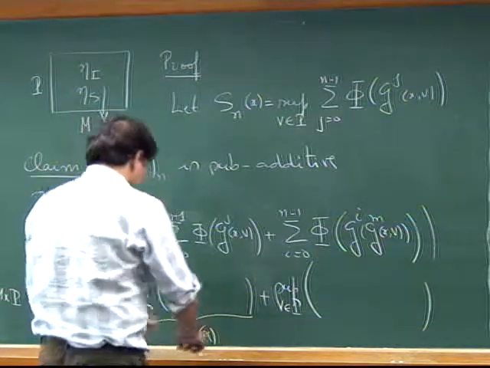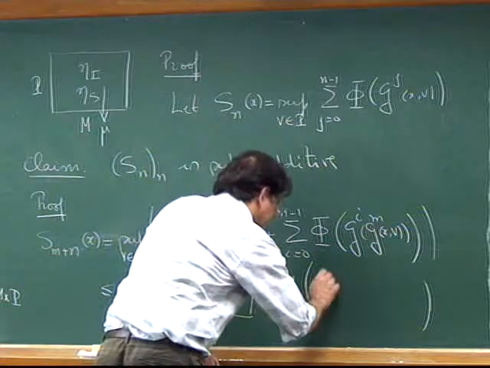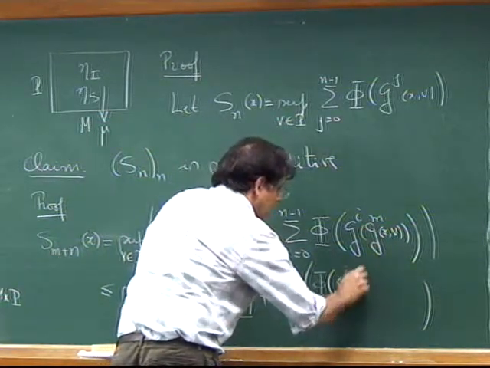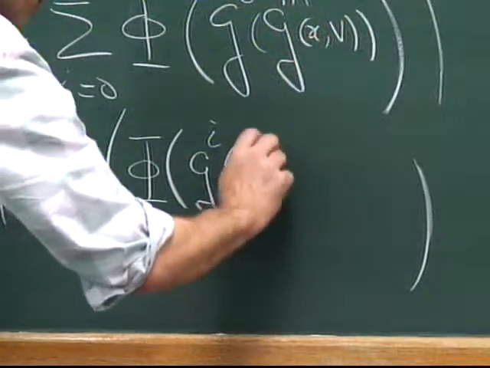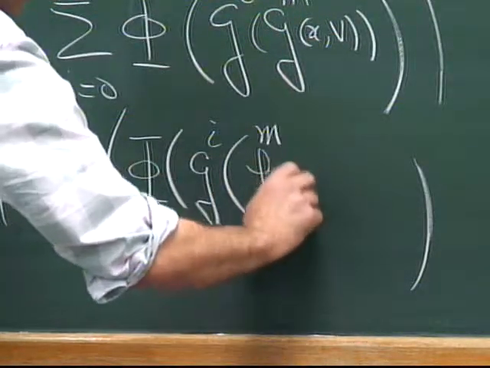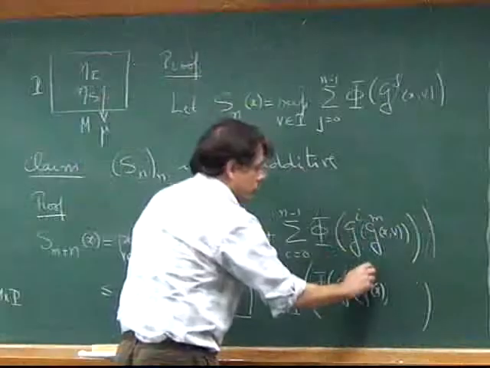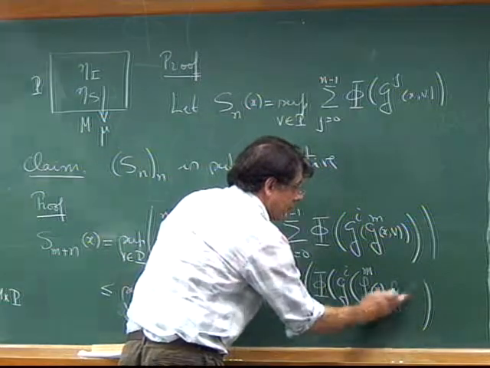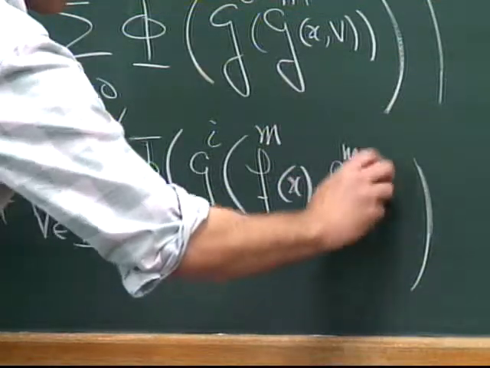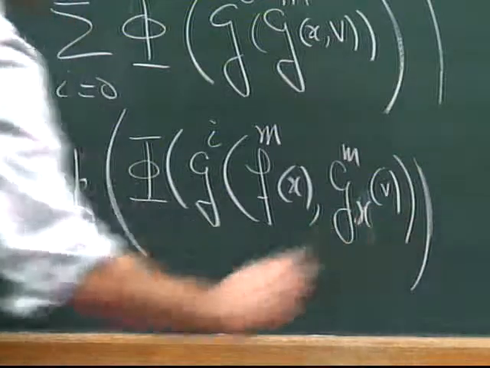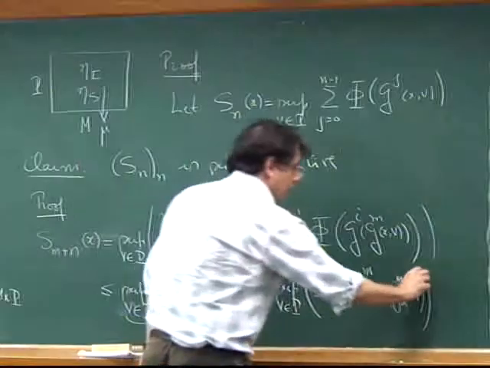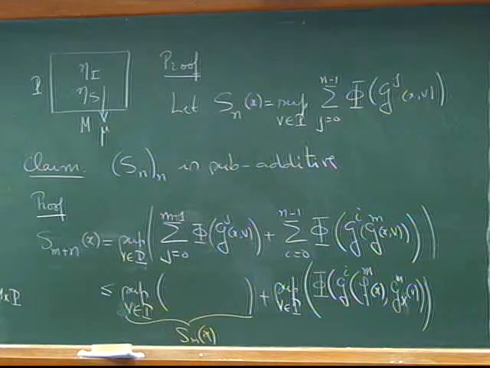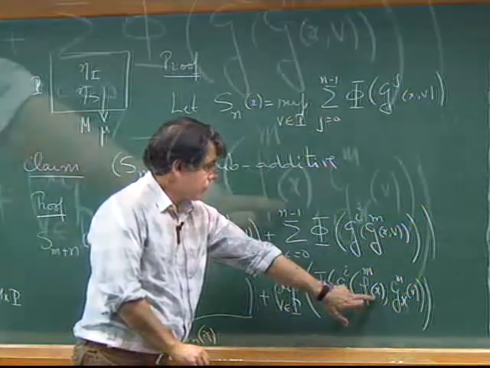Maybe this one is a little bit trickier, so let me do it a little bit slower. Phi g^i, and then I'm going to write this expression, which is f^m of x, by definition g^m, and then some other vector, some expression I'm going to write like this. But anyway, what is important is that the first coordinate here is f^m.